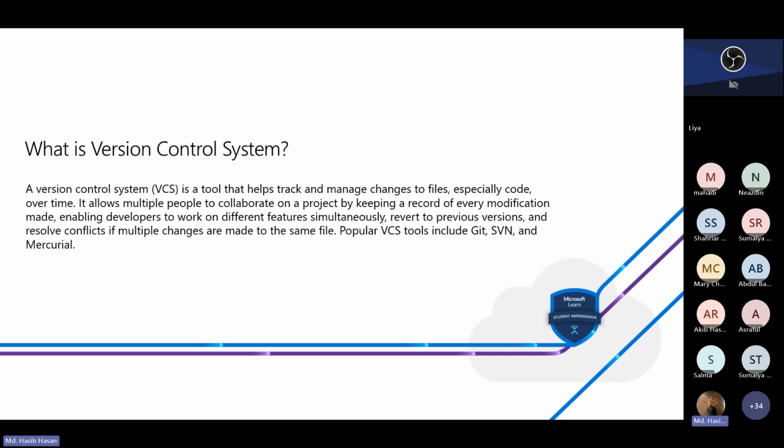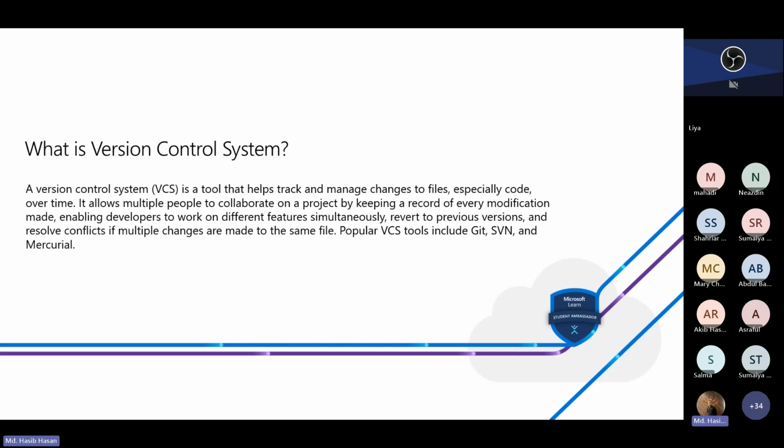A version control system is for the versions of your development code or project. Like, you are developing a web project for an e-commerce website. Now you have worked on that, and you see that there are some bugs.